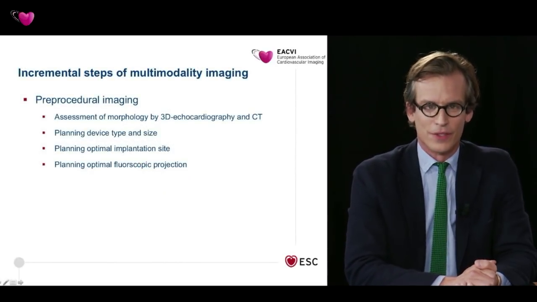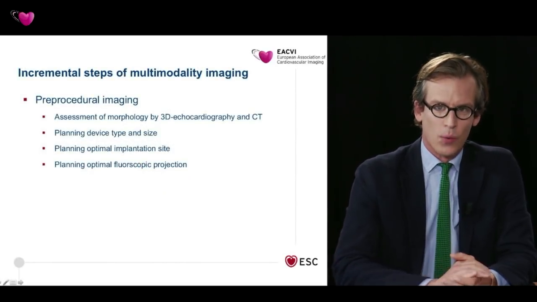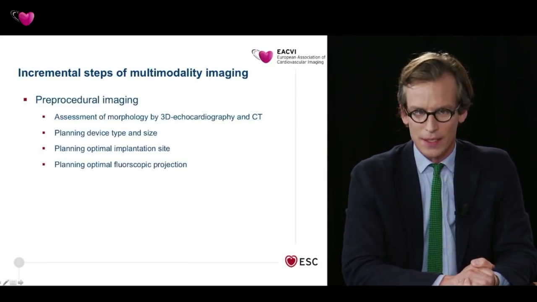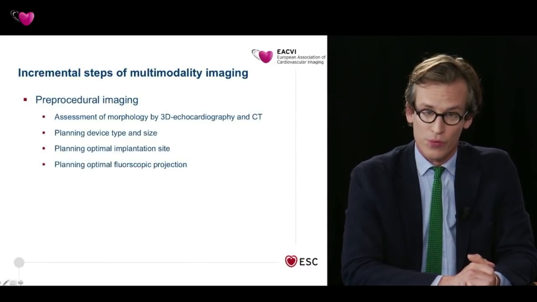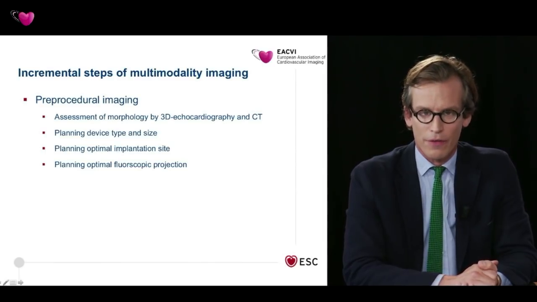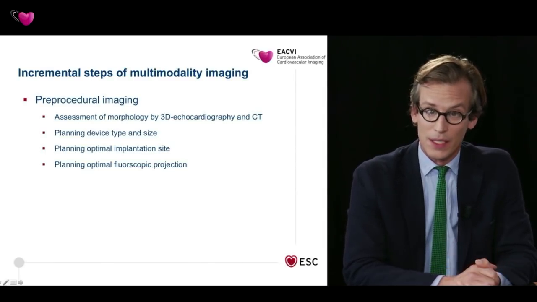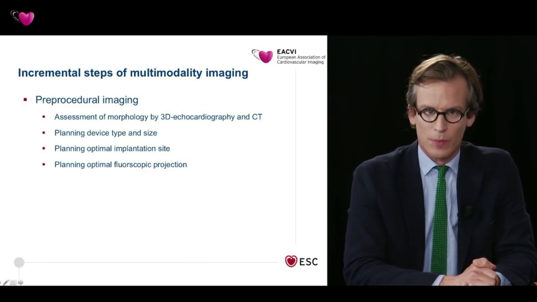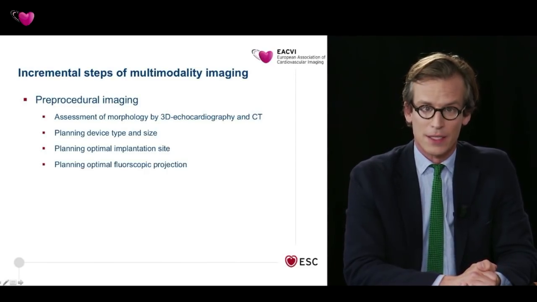This is kind of a strategic slide, how we divide multimodality imaging, how we see it, and we see a big pre-procedural imaging part where it comes to assessment of the morphology of the mitral valve, also by 3D echo and CT. Then it is about planning the device type and the device size.